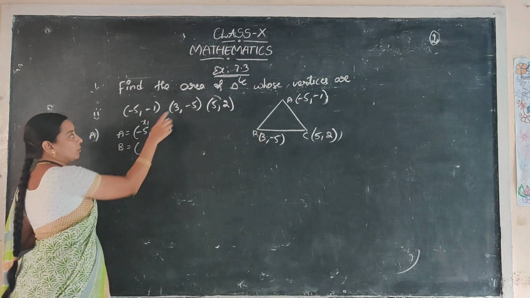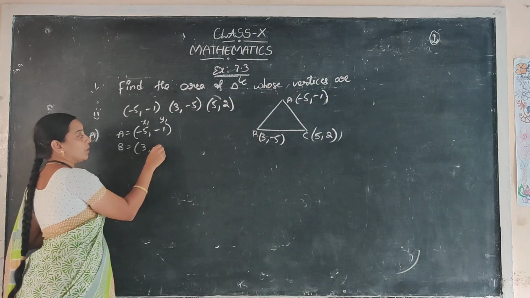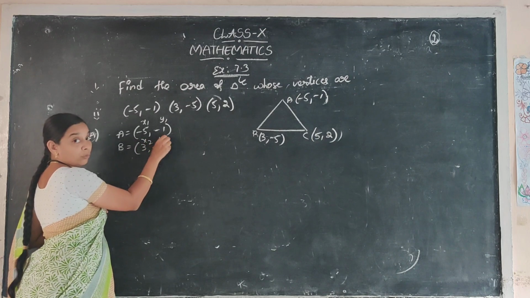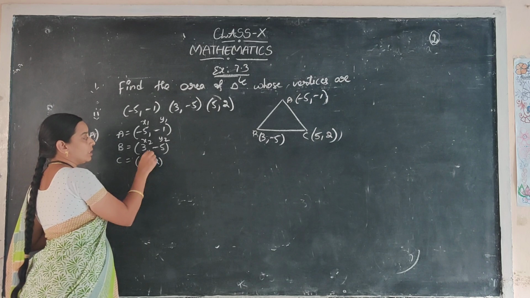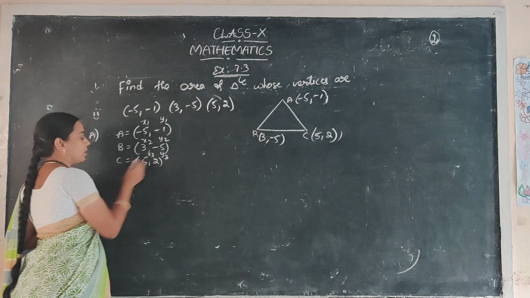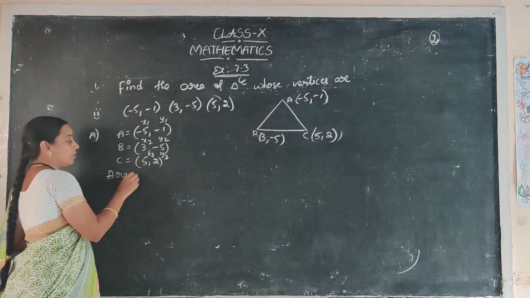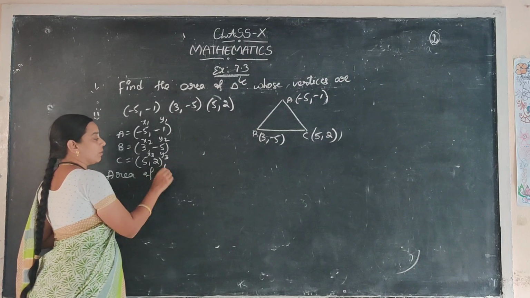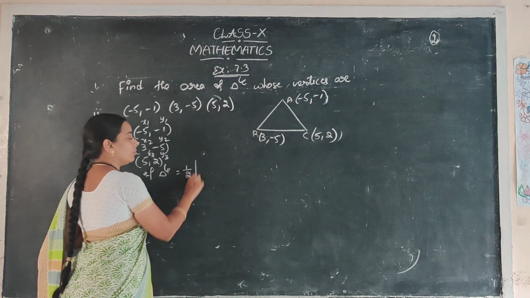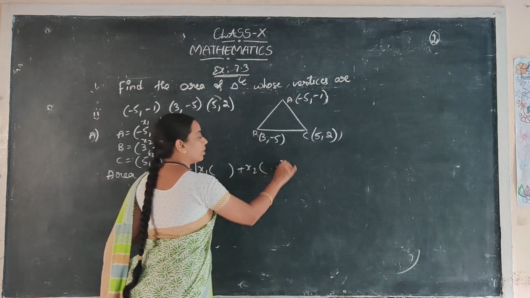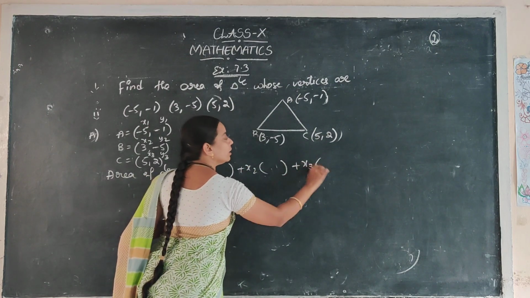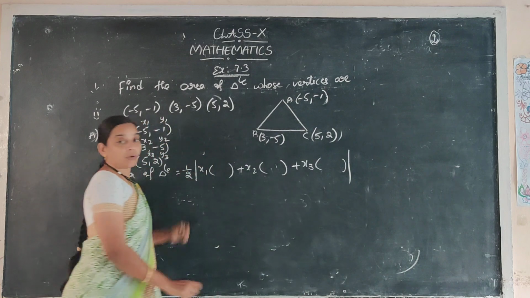B is (3, -5), so this is x2, y2. And C is (5, 2), this is x3, y3. Now the area of the triangle is equal to half into x1 of, x2 of, and x3. Okay, these three are x coordinates.